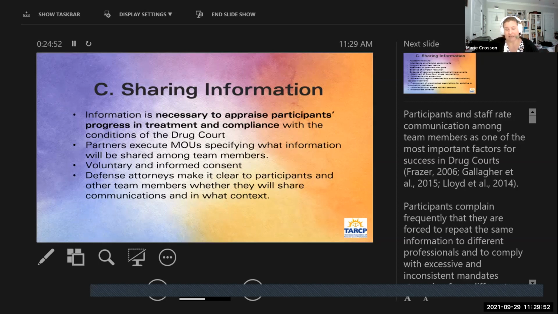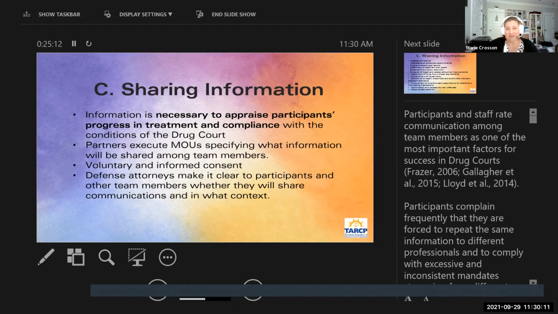MOUs need to be in place. And I mean conversations need to have been had, especially on the front end, with the district attorney's office and the public defender's office and the treatment provider that has agreed to participate on the team. Supervision. It is really important for people on the very front end to know exactly what is expected of them. And MOUs should include that they are coming to pre-court staffing and that they are coming to the status hearings and that they are doing whatever is important for their role, right?